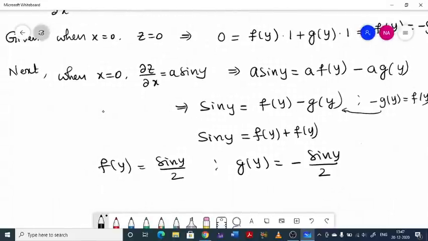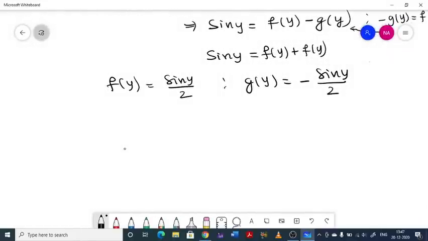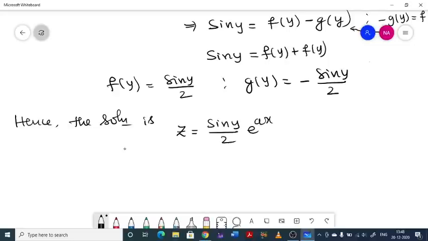Hence the required solution is z equal to f of y into e power ax. f of y is sin y by 2 e power ax minus sin y by 2 e power minus ax. So this is the required solution.